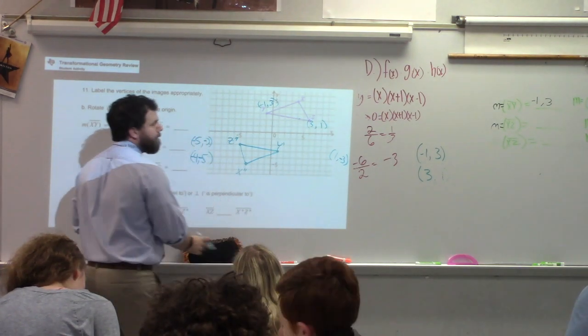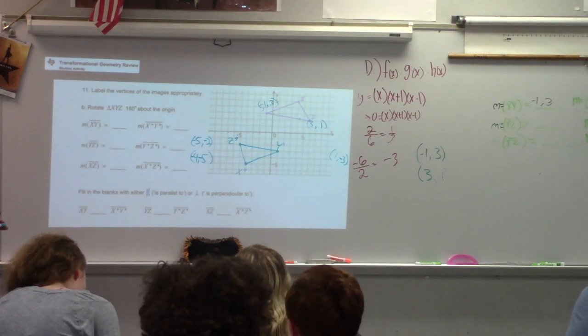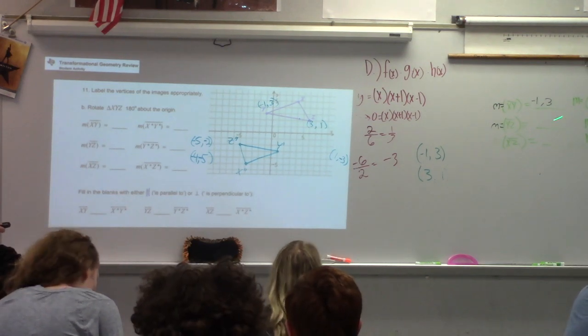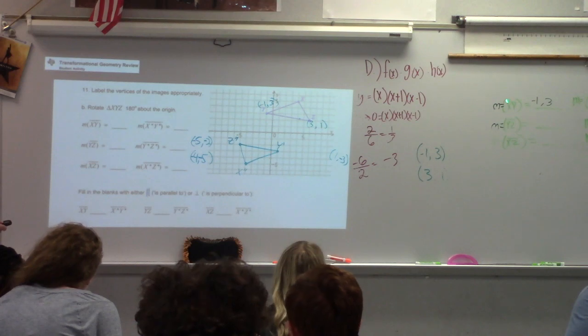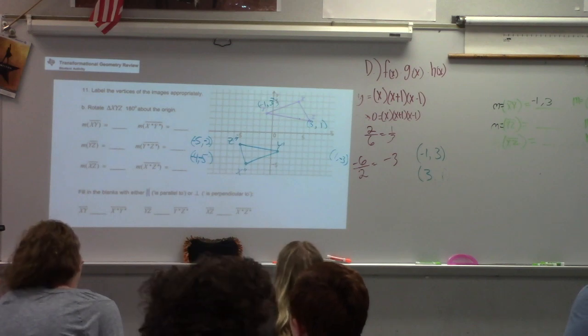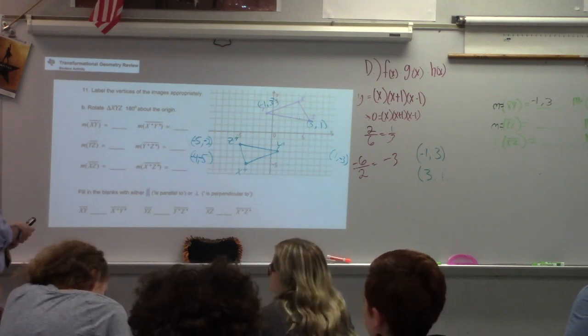Now, I need y'all to be careful because I see students do this all the time. Not going to reveal which group it was, but does anyone see something that we might need to correct about this? That looks like coordinates, not a slope, right? How do we calculate slope? Be careful, remember, y equals mx plus b is the equation of a line. We want rise divided by run.